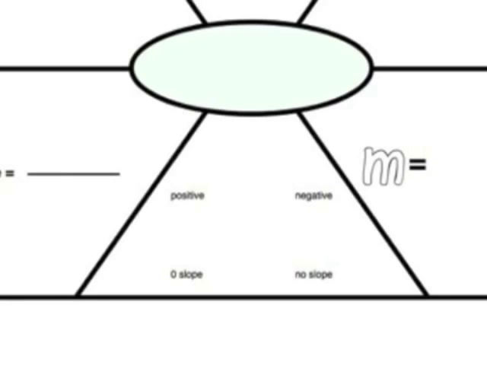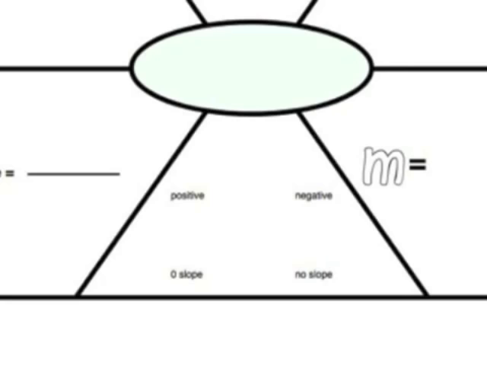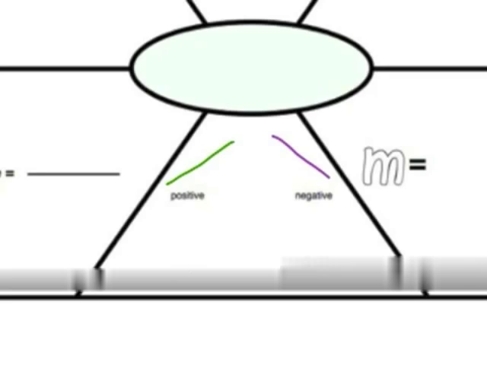Boys and girls, we're now going to show some examples of slope. Now slope is just like reading. We always are going to start from left and go to right. And remember that slope is the steepness of a line. So if we have a line that goes up from left to right, that's positive slope. So the same thing, if we have a line that goes down from left to right, that's negative slope.